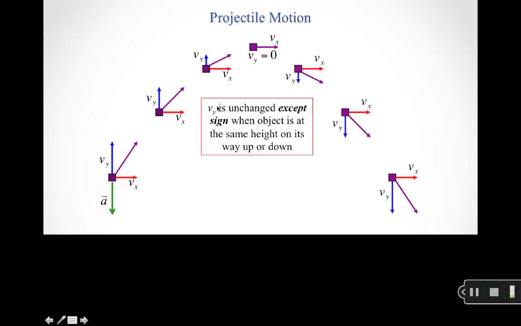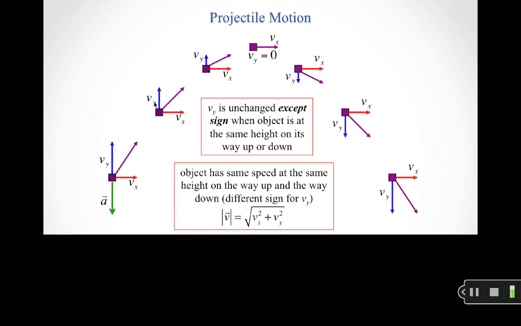So the y component only changes its sign when the object is at the same height on the way back down as it was on the way up. So all I'm doing is saying, hey, here it points upward, here it points downward, but if it's at the same height, this y component has to have the same length. All I'm doing is changing the sign.